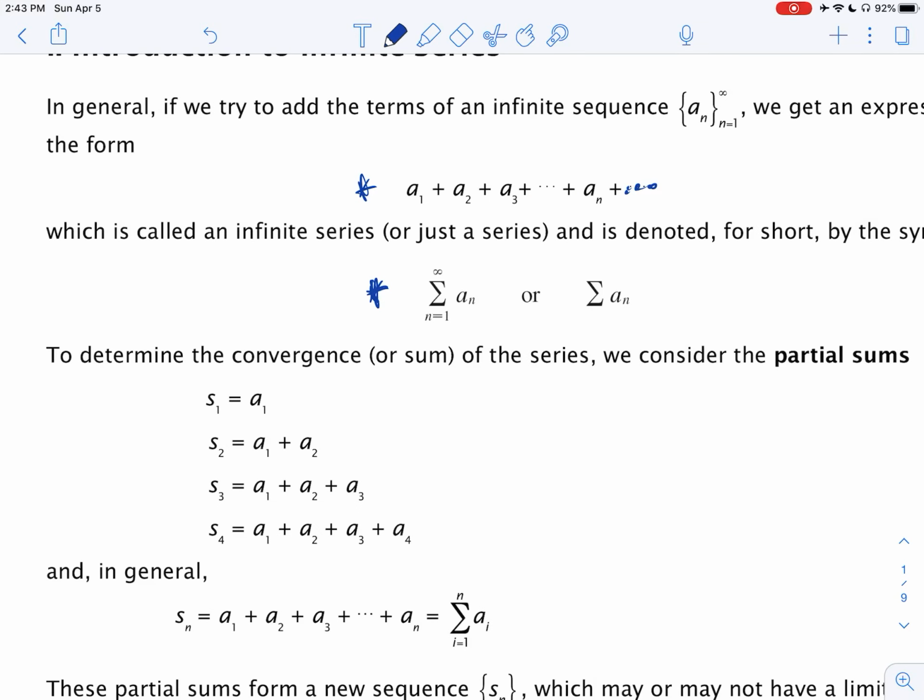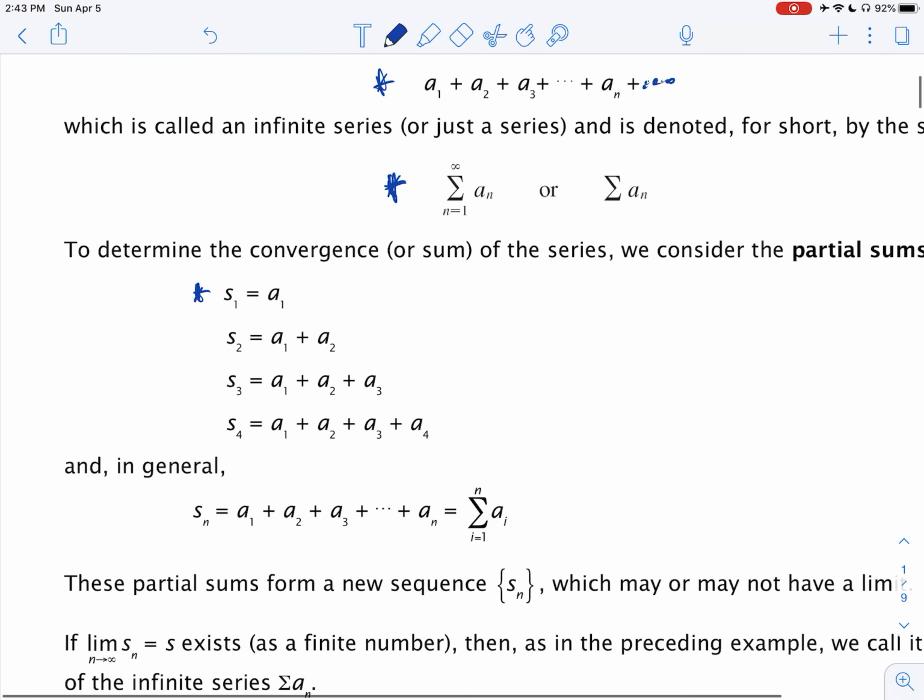So S sub 1 here would just be the sum of the very first term. S sub 2 as a partial sum would be the sum of the first two terms. And S sub 3 would be the sum of the first three terms. And we know that the real numbers are closed under addition, so the sum of these is going to actually be a real number as well.